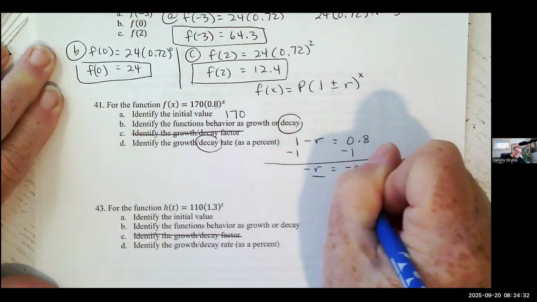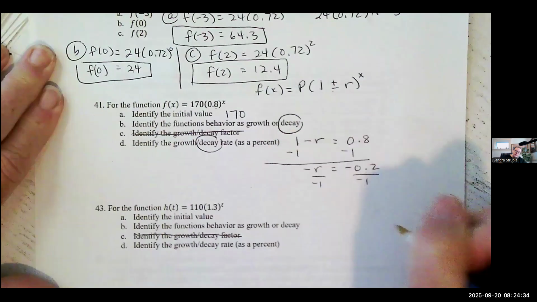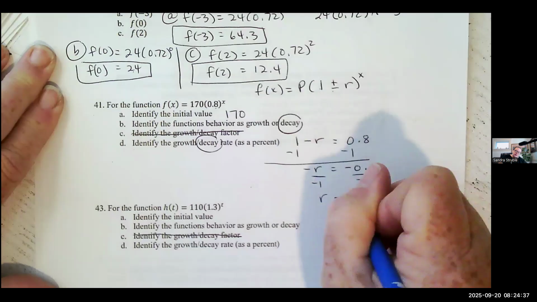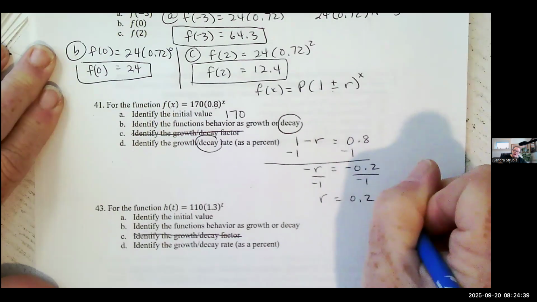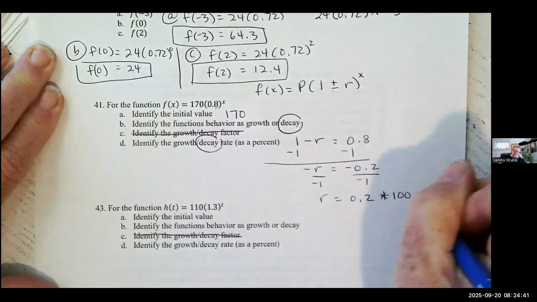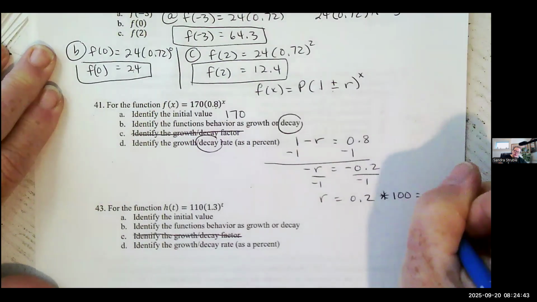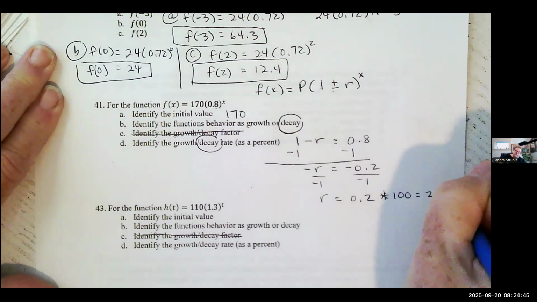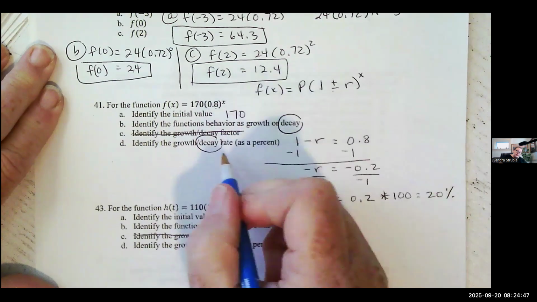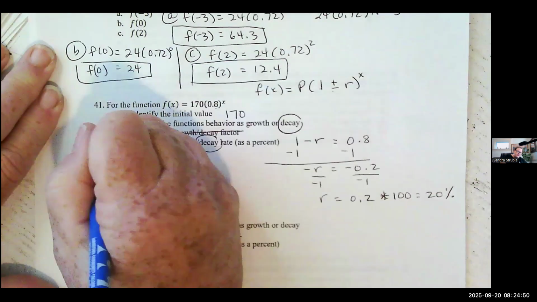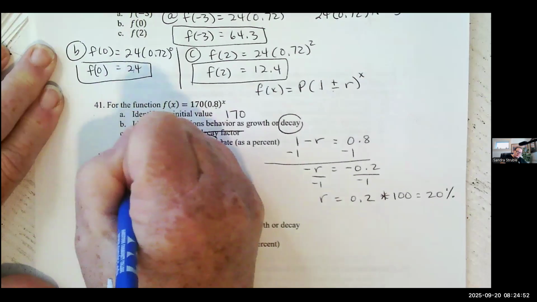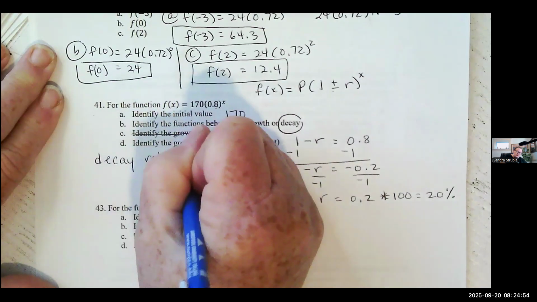Divide both sides by -1 because there's a negative for the r, and r is equal to 0.2. You have to multiply this by 100 to make it a percent, which is 20%. So the decay rate is 20%.